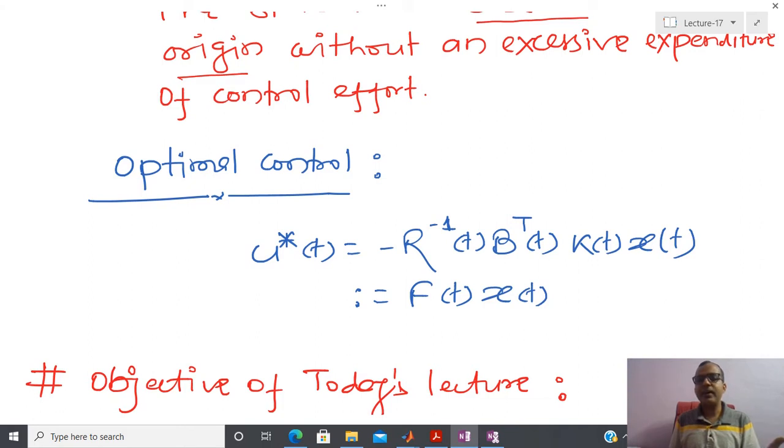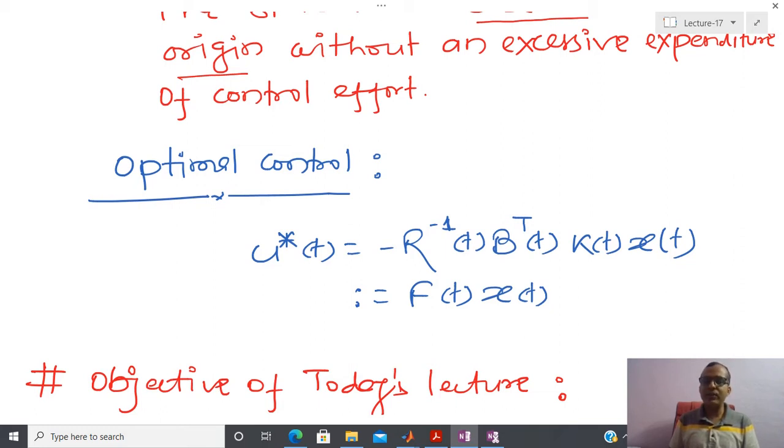If I solve that equation, either via the state transition matrix or with the help of the Riccati equation, then we are able to find this particular control action.